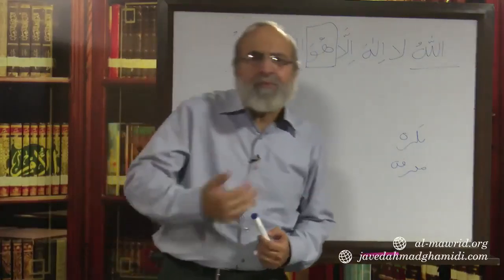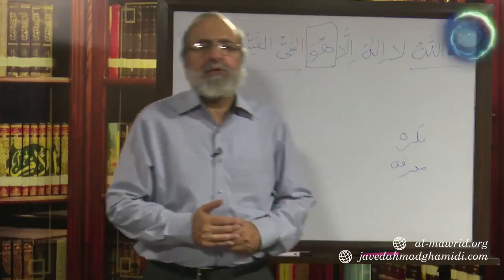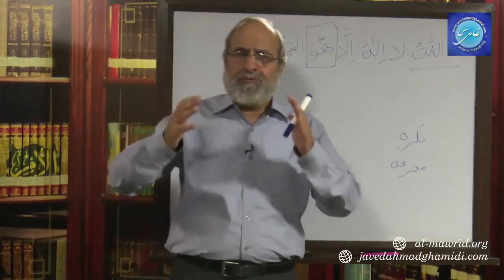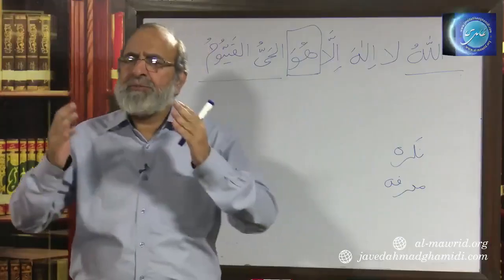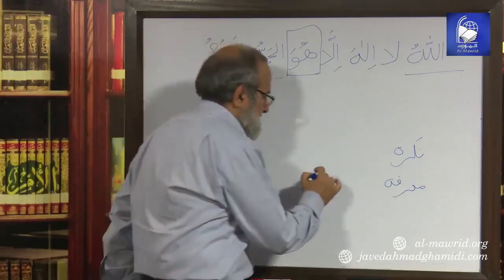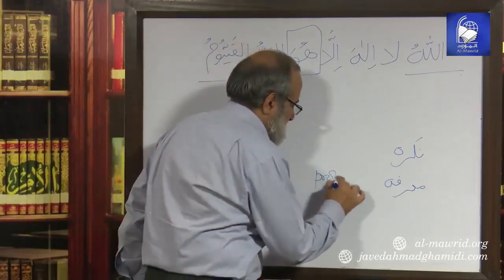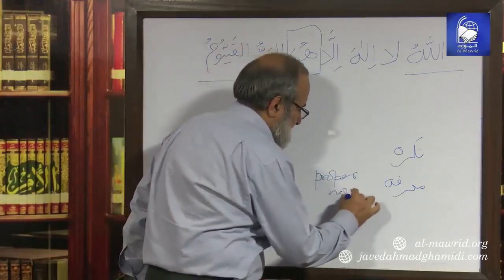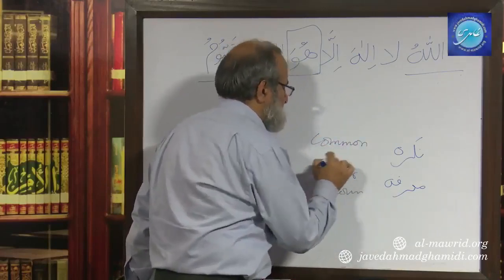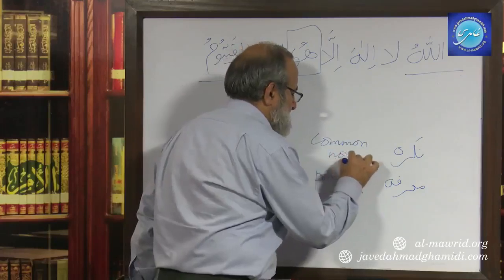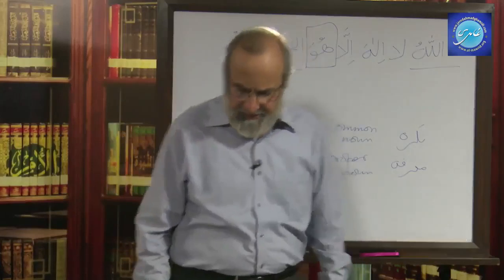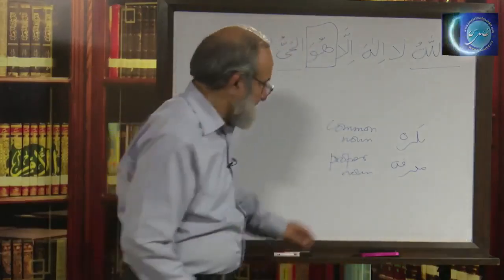Well, what it means, therefore, is that the rule that the mubtada has to be in the form of proper noun, marifa, and the khabar has to be in the form of common noun, nakira, is not a rule which always applies. There are exceptions, right? So we move on. Allahu la ilaha illahu al-hayyul qayyum.